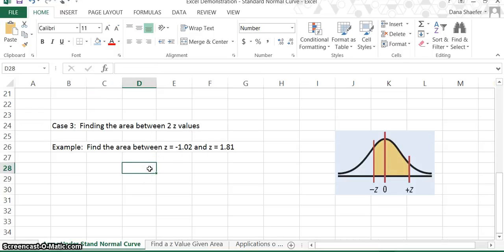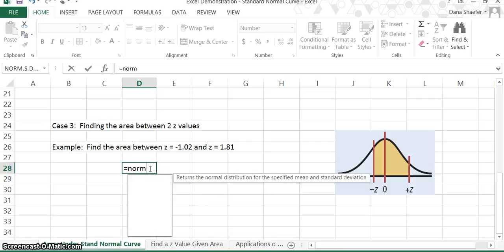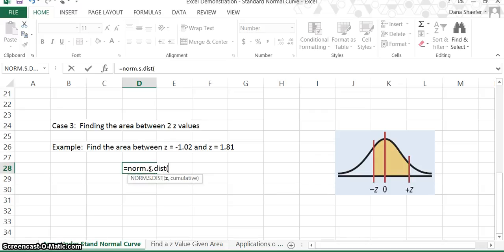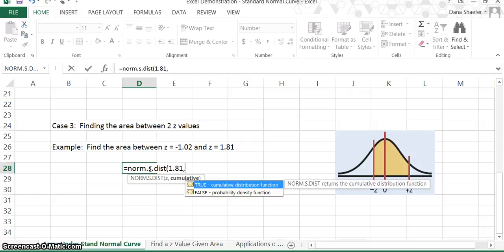So let's do that calculation. I'm going to say equals norm dot s dot dist, and we're going to go the furthest value out, 1.81 comma true.